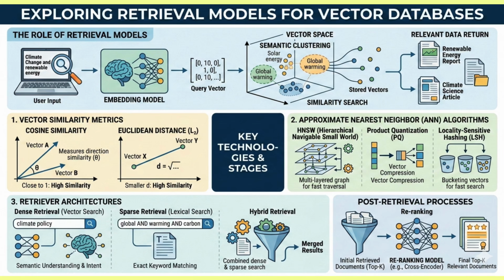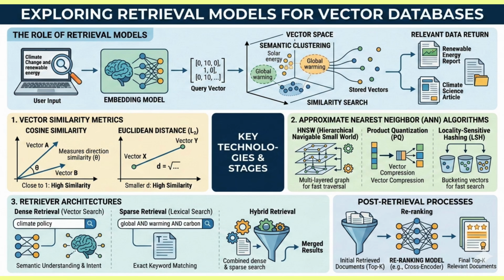So moving on. The overall strategy for fetching the documents is often categorized into different retrieval types. First, we have dense retrieval. This is the semantic search enabled by vector embeddings and similarity metrics.